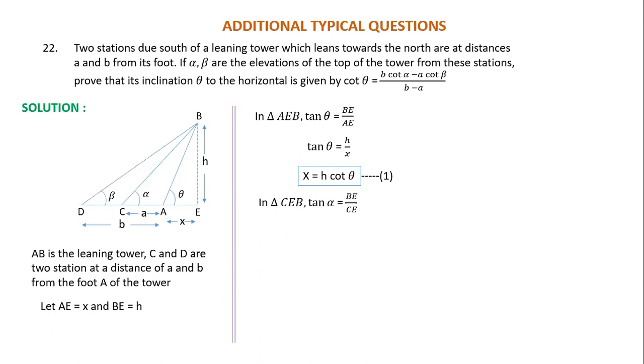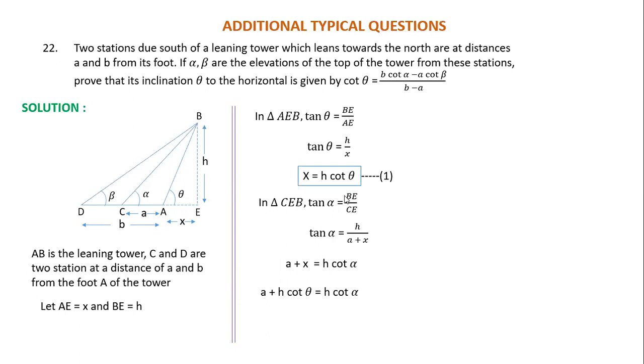Now, in triangle CEB, this angle is alpha. Tan alpha is equal to BE upon CE. CE is A plus X. So tan alpha is equal to H upon A plus X. A plus X is equal to H cot alpha.